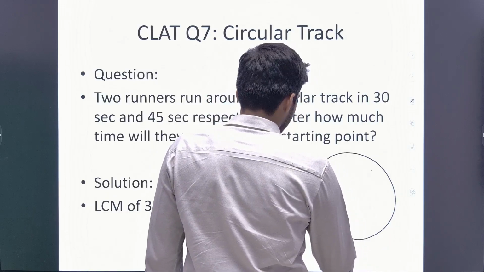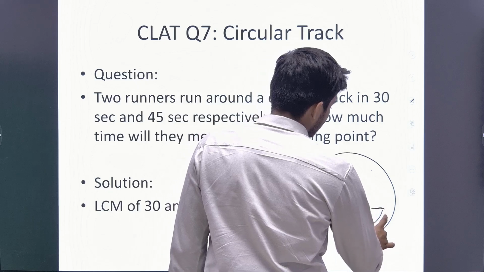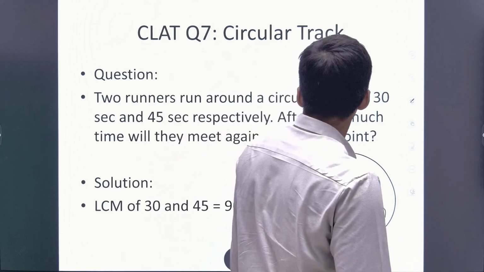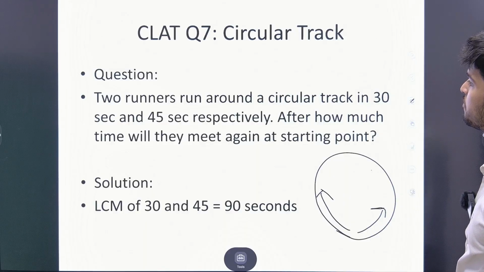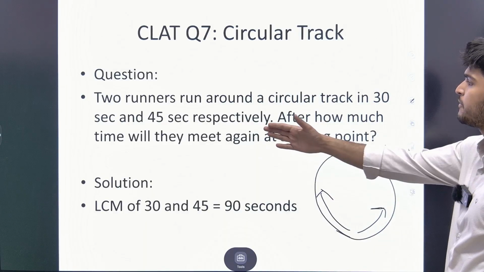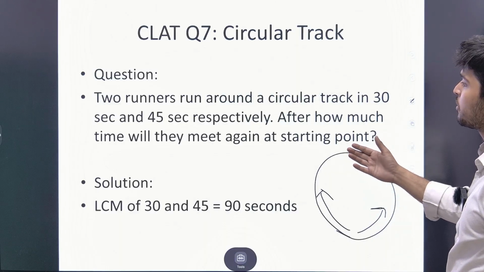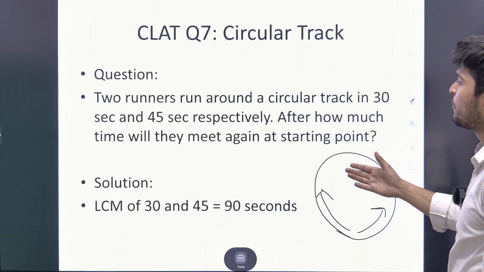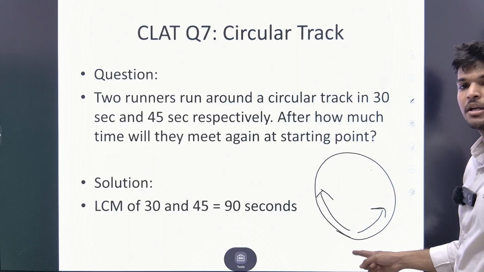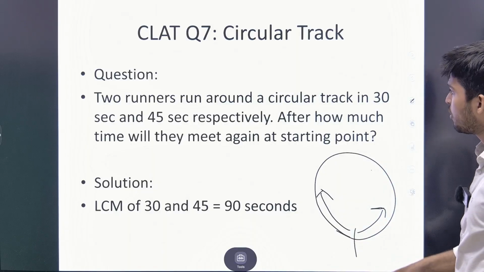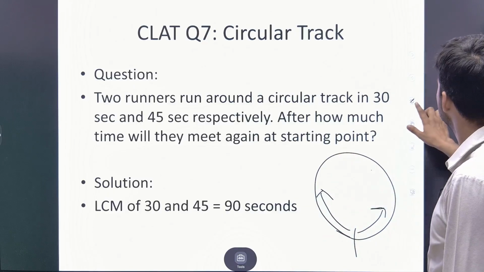A person is moving from this direction while another is moving from this direction. They both are running, and the time taken by one is 45 seconds and the other is 30 seconds. Here we have to calculate after how much time they will meet again after the starting point. At the starting point they both met. Now they'll again meet while covering this distance.